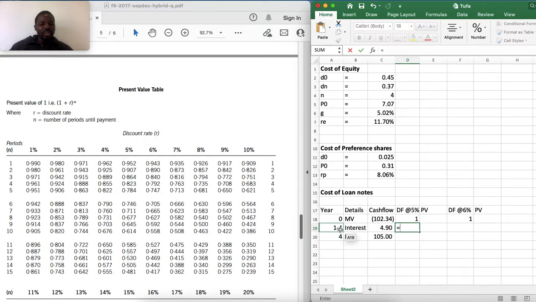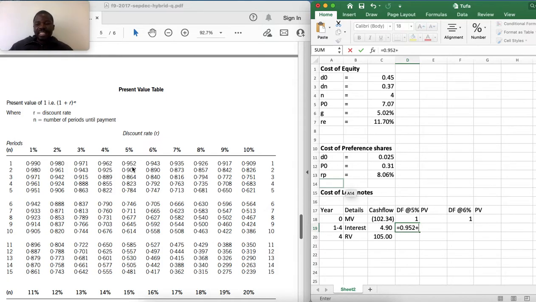Here we are saying we are going to receive interest for year 1 up to year 4. So we receive 4 times interest. Interest in year 1, interest in year 2, interest in year 3, interest in year 4. All those interests should be discounted to year 0. So we'll come to the column for interest here. For year 1, the discount rate is 0.952.